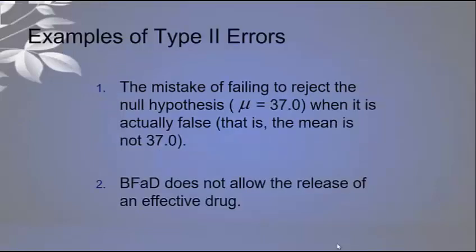Example: the mistake of failing to reject the null hypothesis mu equal to 37.0 when it's actually false, that is, the mean is not 37.0, or the BFAD does not allow the release of an effective drug.